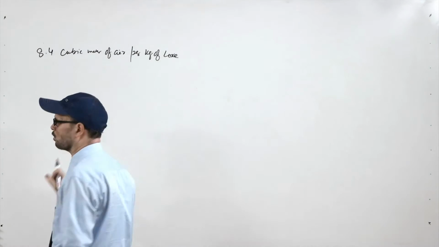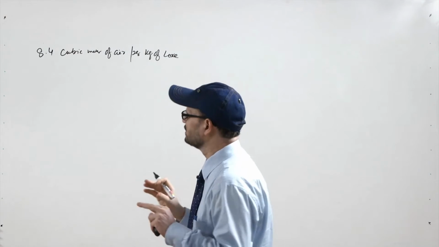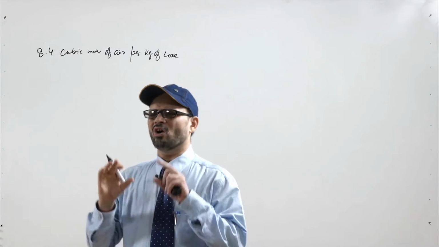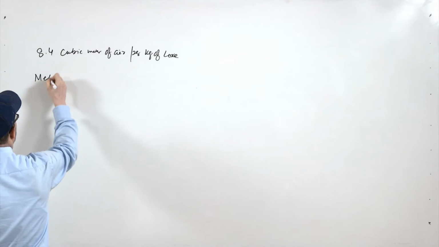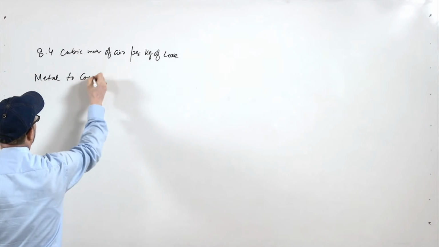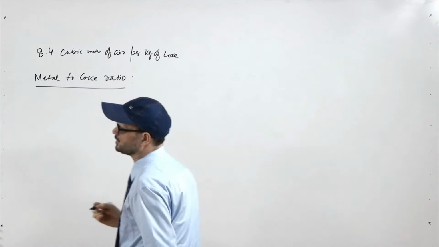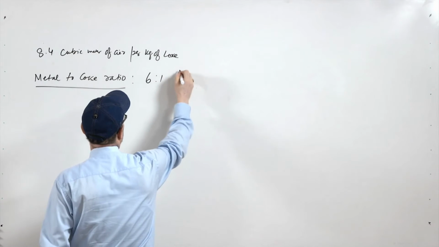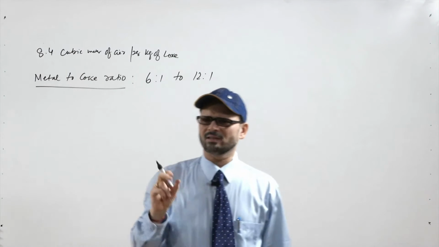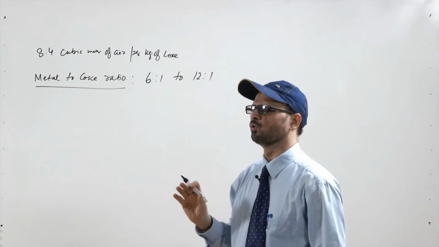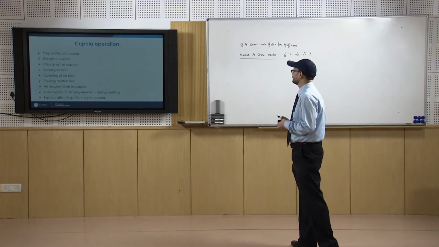The amount of coke depends upon the amount of metal to be melted, as there is a metal to coke ratio, also known as coke rate, which varies from 6:1 to 12:1. If you have 6 kg of metal, then you need 1 kg of coke, so that it can be melted and you can get the liquid metal.